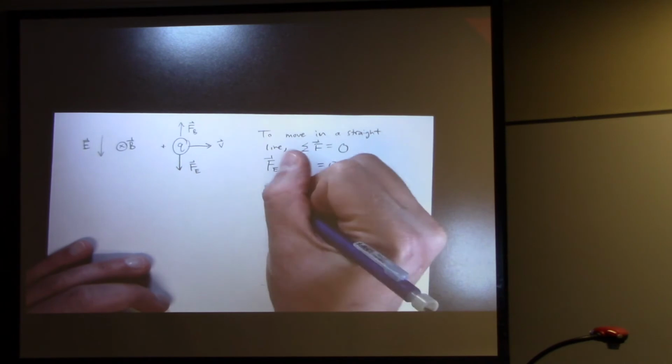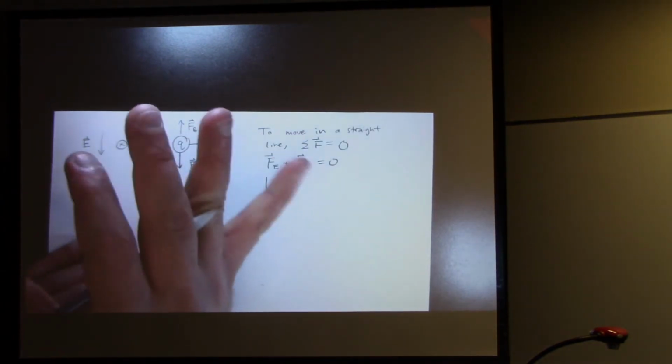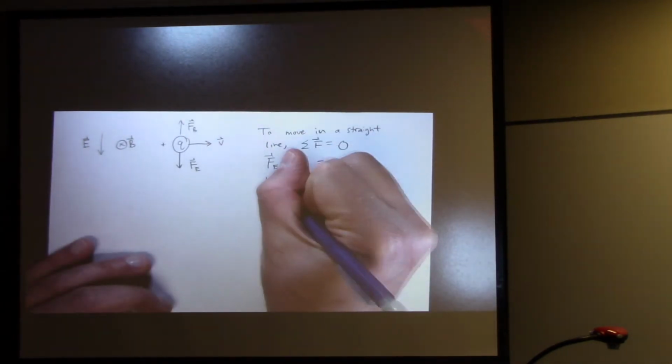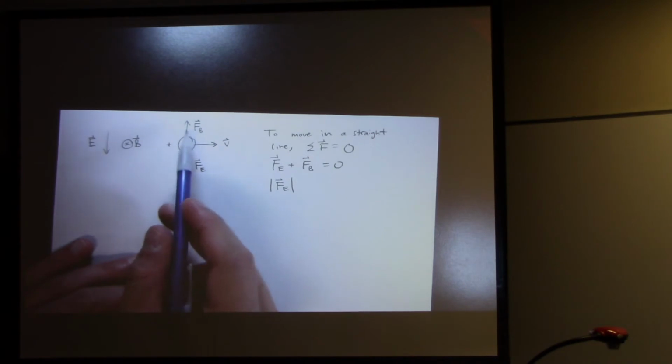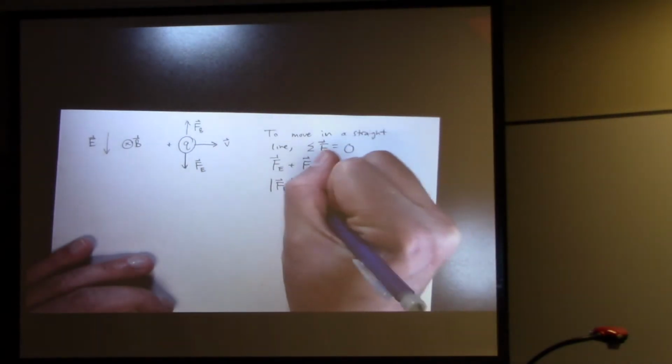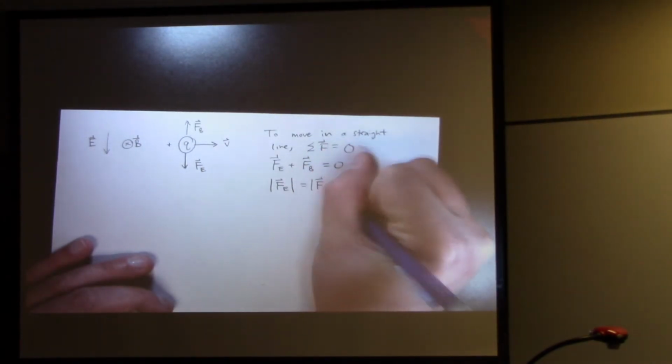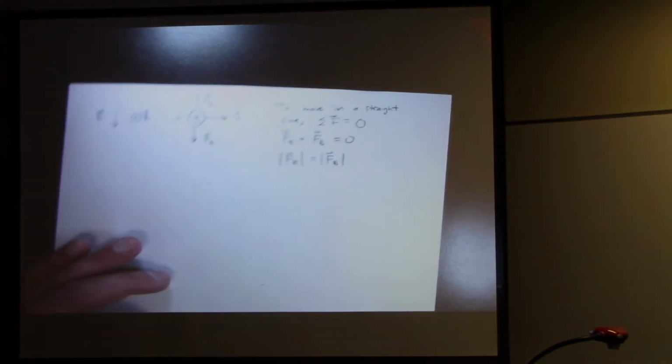Another way of saying that is, if I add two forces together and I get 0, they have to have the same magnitude. In other words, the electric force is pulling it down just as hard as the magnetic force is pulling it up. So FE equals FB, at least in terms of magnitude.